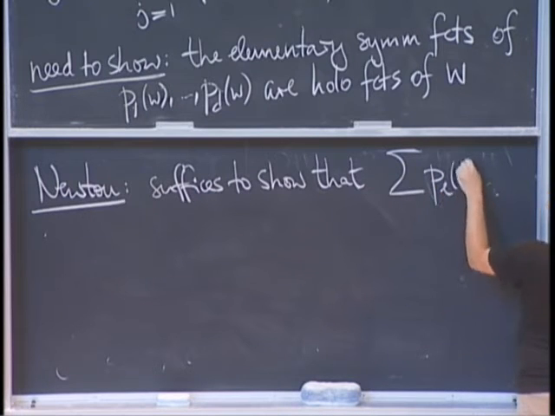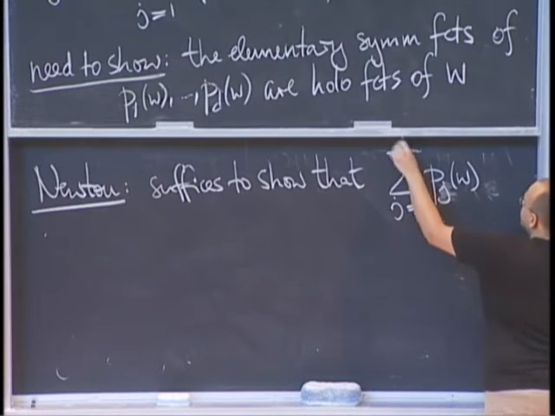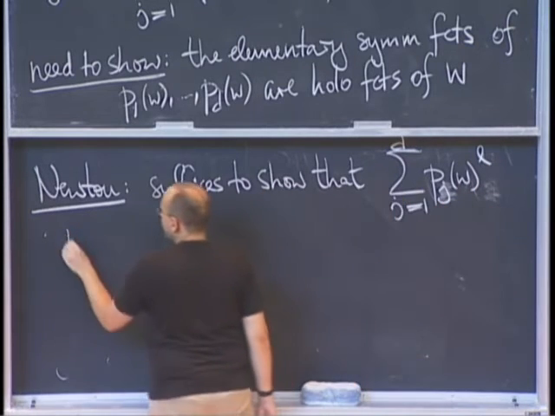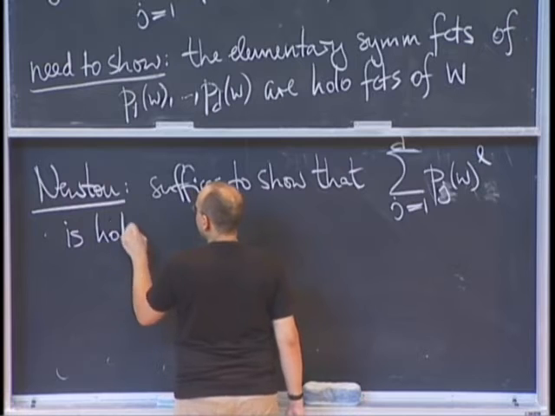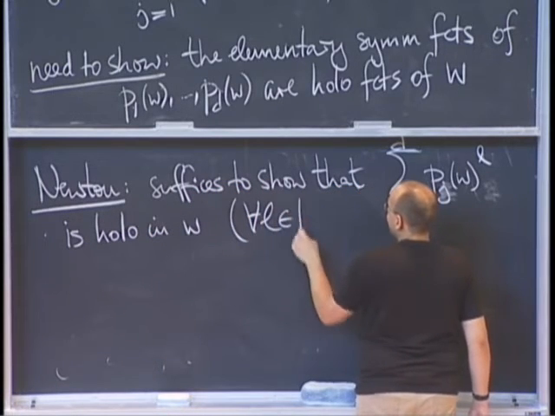So it suffices to show that the power sum PL, the sum over J from 1 to D of PJ to the L, is holomorphic in W. And that has to be true for all integers L.